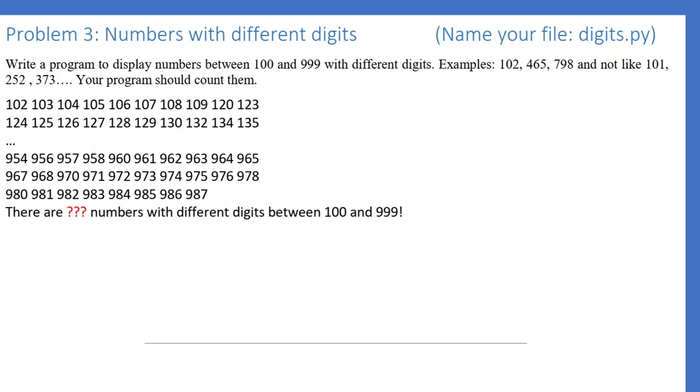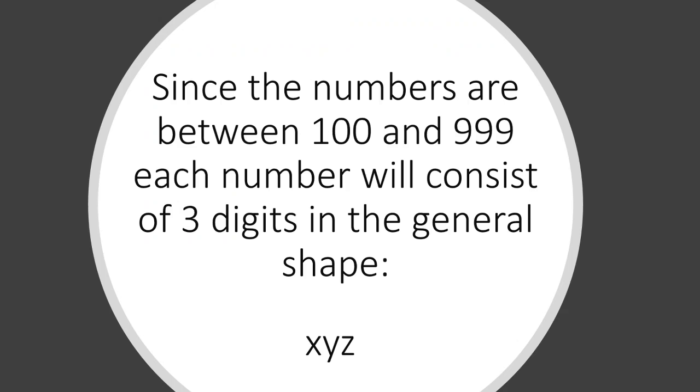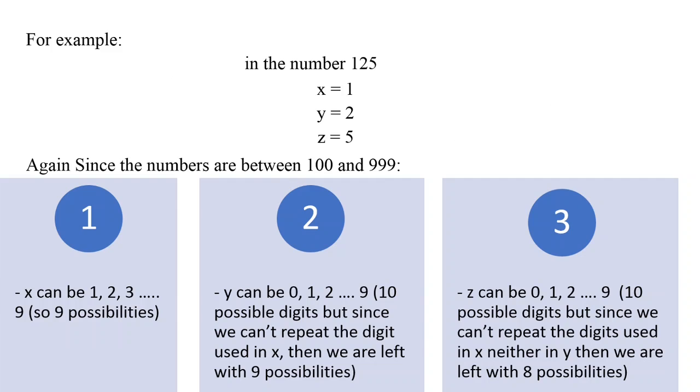This problem is related to math because it depends on probabilities. Since the numbers are between 100 and 999, each number will consist of 3 digits, which has the general shape X, Y, Z. For example, in the number 125, X will be 1, Y will be 2, and Z will be 5.